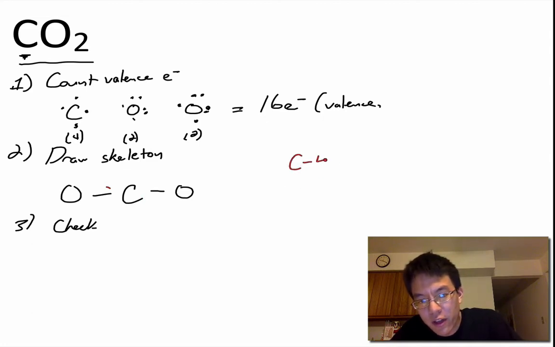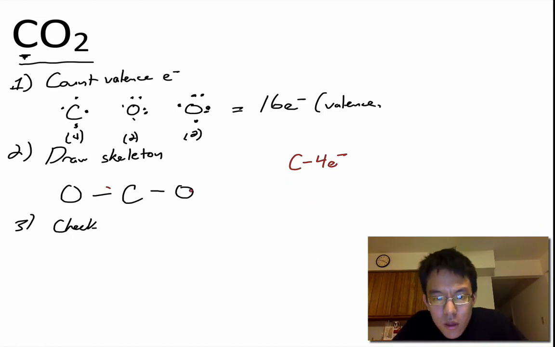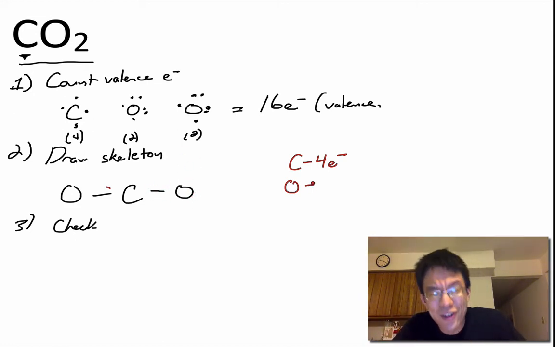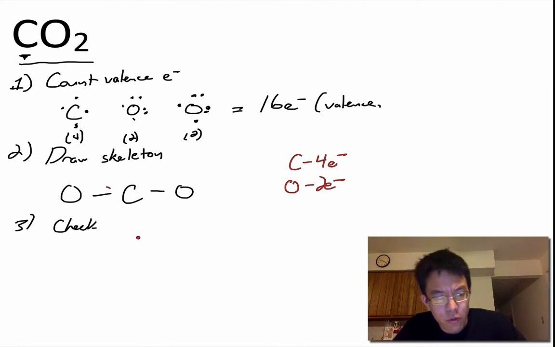So the C currently has 4 electrons around it, but we know all atoms are stable when they have a full outer shell, so 8 electrons. And now we think about this oxygen, and we know this oxygen also prefers to have 8 electrons, but currently it only has 2 electrons. So we know that both of these oxygens are unhappy because they don't have the full amount of electrons that they want. So we know the octet rule does not apply here.